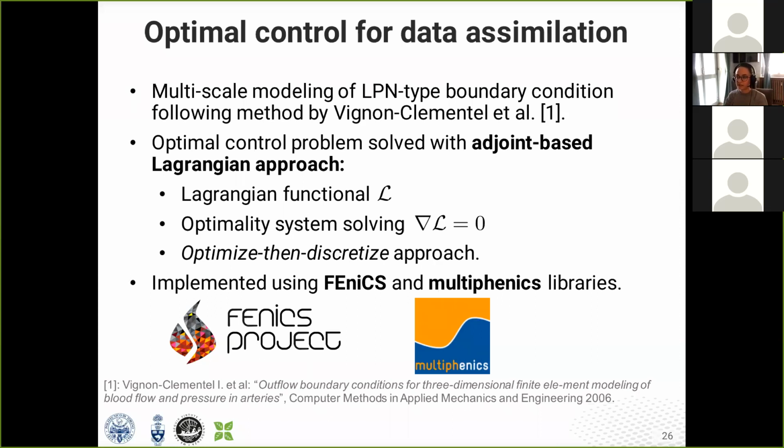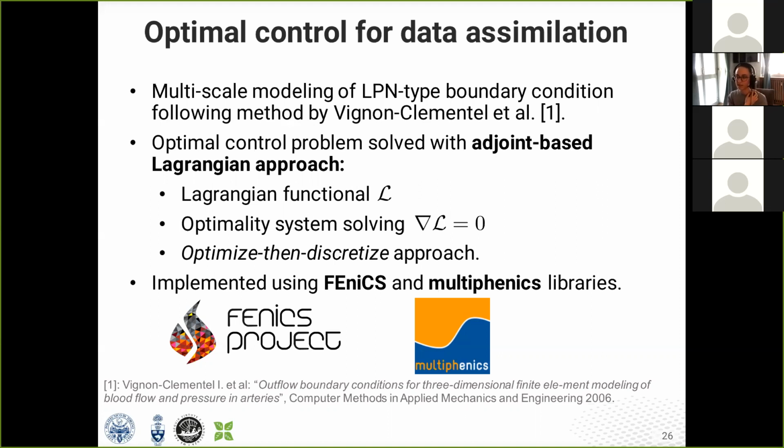So a few details on how we solve the problem. We use the adjoint-based Lagrangian approach, which is able to transform our constrained minimization problem into an unconstrained minimization. You define a Lagrangian functional, which is equal to the cost functional plus the terms of the state equations, and you need to find a minimum of that Lagrangian functional.